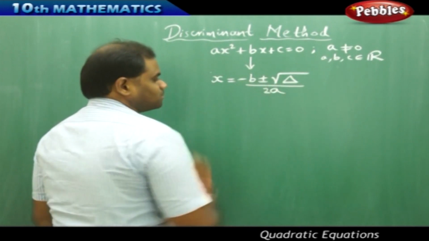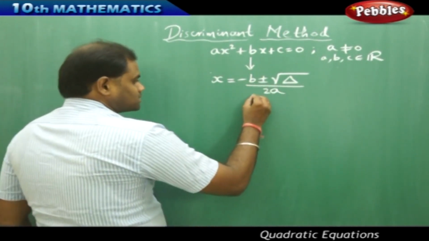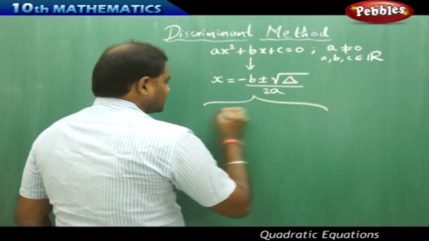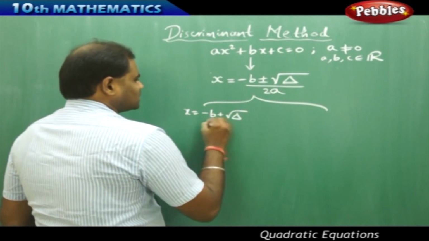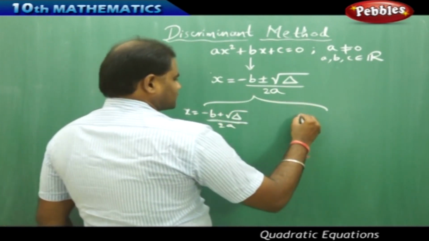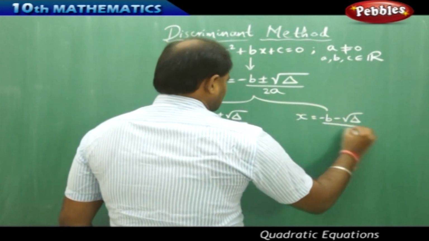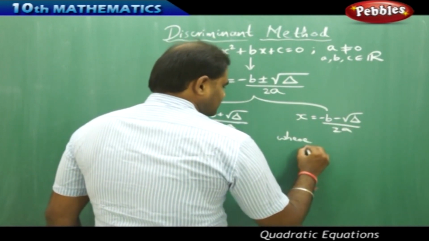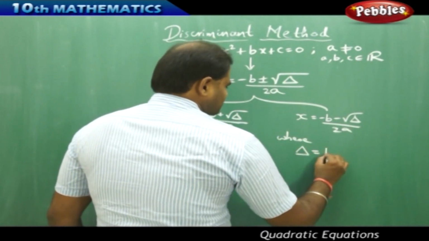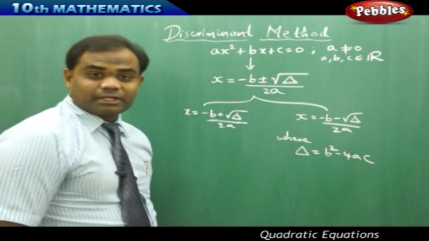Where one of the roots is with plus and one of the roots is with minus. So when I take this split as plus and minus, I get x equals minus b plus root delta by 2a, and here one of them is minus root delta by 2a, where delta is b square minus 4ac and is called the discriminant.